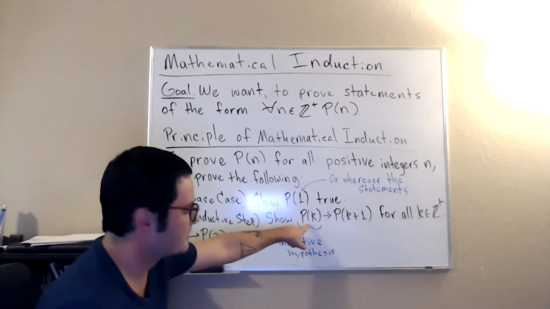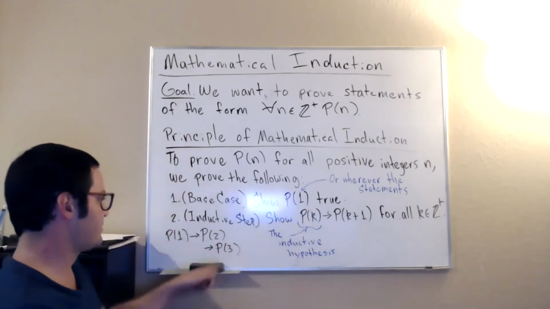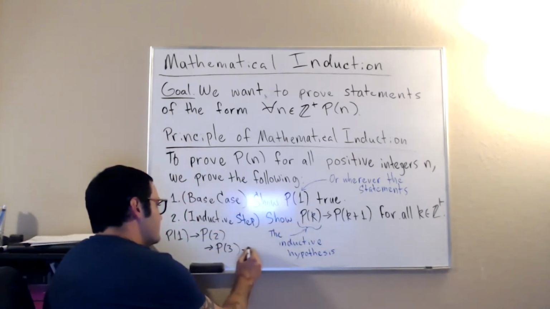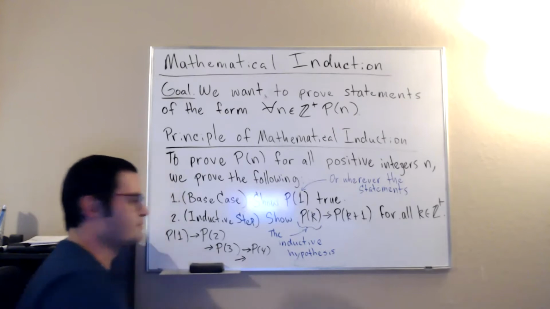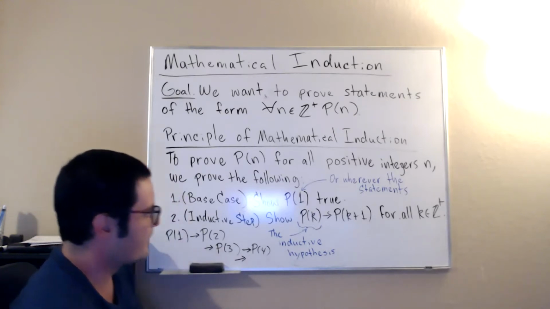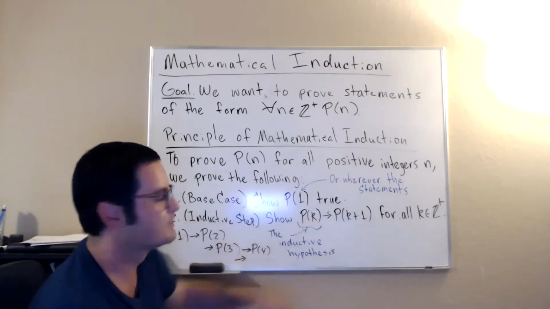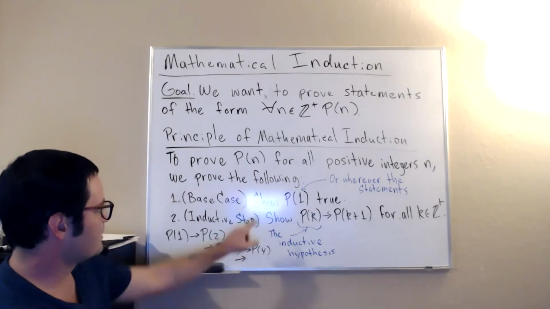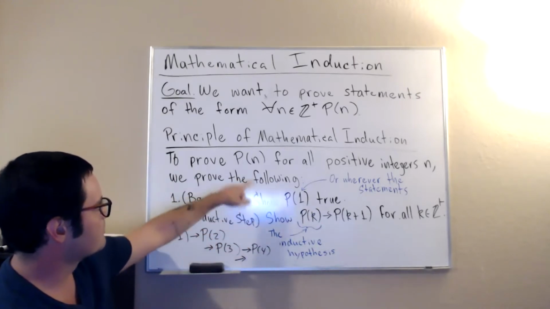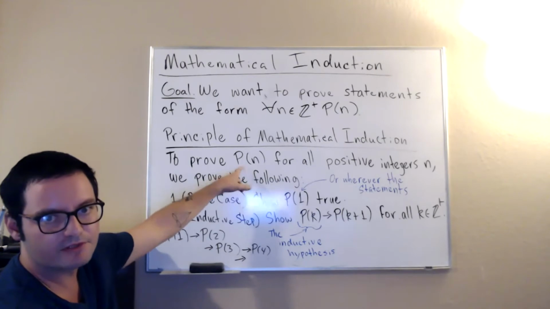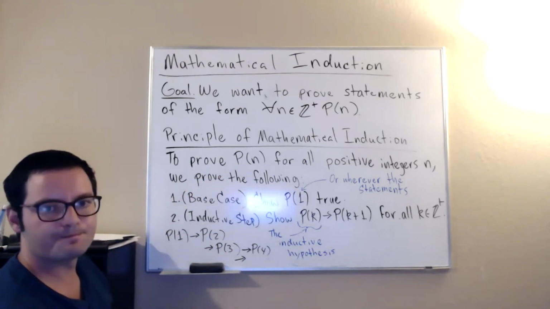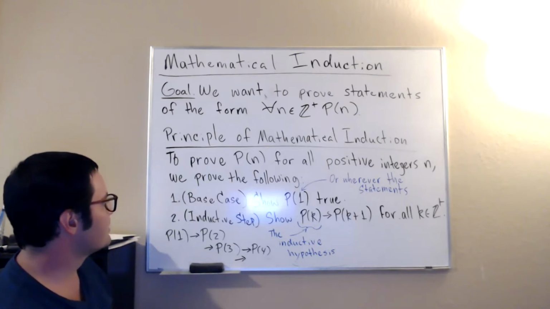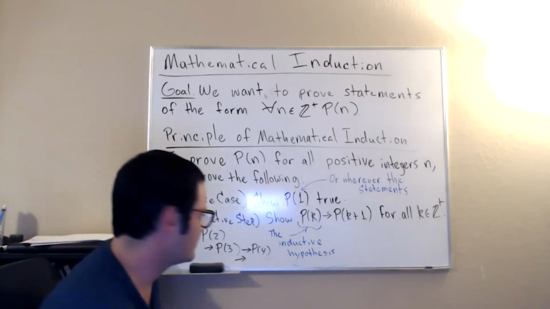But if P of 3 is true, then P of 4 must also be true. And this will go on forever for all positive integers k, provided that you've shown this part to be true. So together, these two things will show that a propositional function of n is true for all positive integers n. Okay? Now I think the best way to illustrate this is with an example.